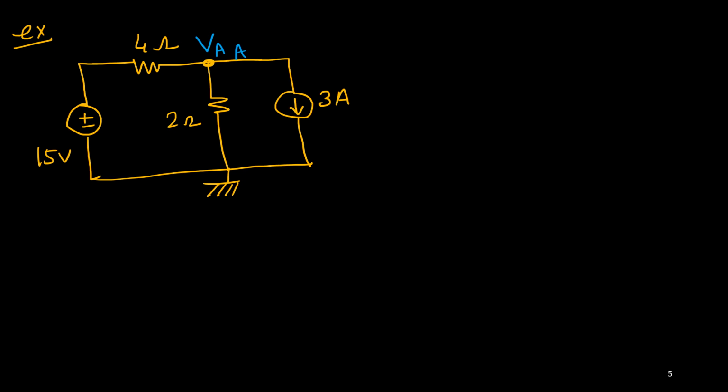Here I can take KCL at node A. The current leaving is VA minus 15 upon 4. The current leaving through the 2 ohm will be VA minus 0 by 2, and this side the current leaving is 3 ampere. So the total addition is 0.